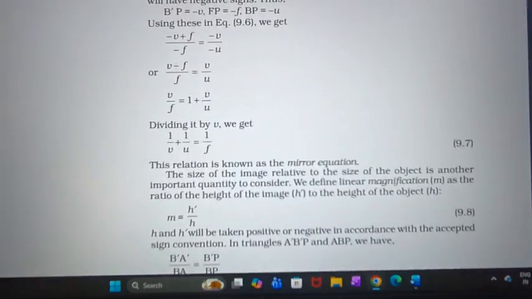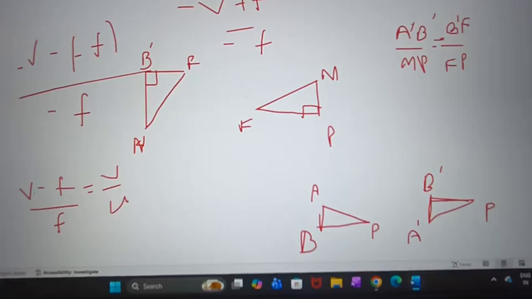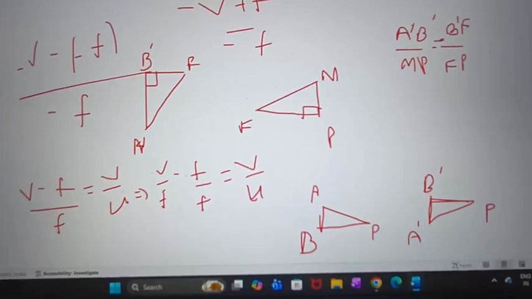Now separate this: V minus F divided by F is equal to V upon U. I can write this as V upon F minus F upon F is equal to V by U, because the denominator is the same. Now F by F is 1.